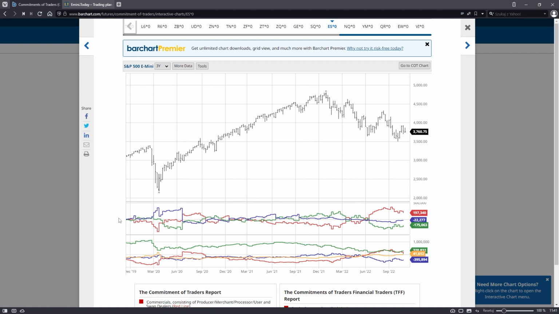But the obvious problem with this is that, first of all, it's just once a week, and then it is basically with a few days lag, because you get the data on Friday, which were on Tuesday. So it's a bit inconvenient.